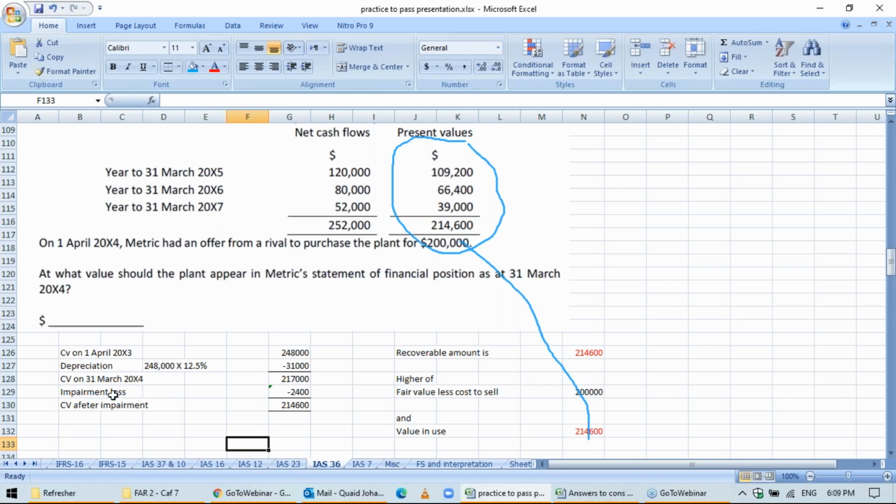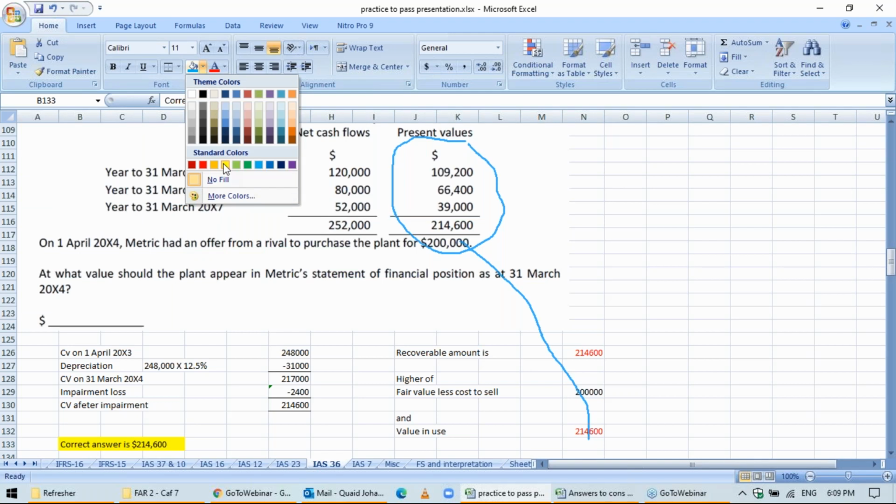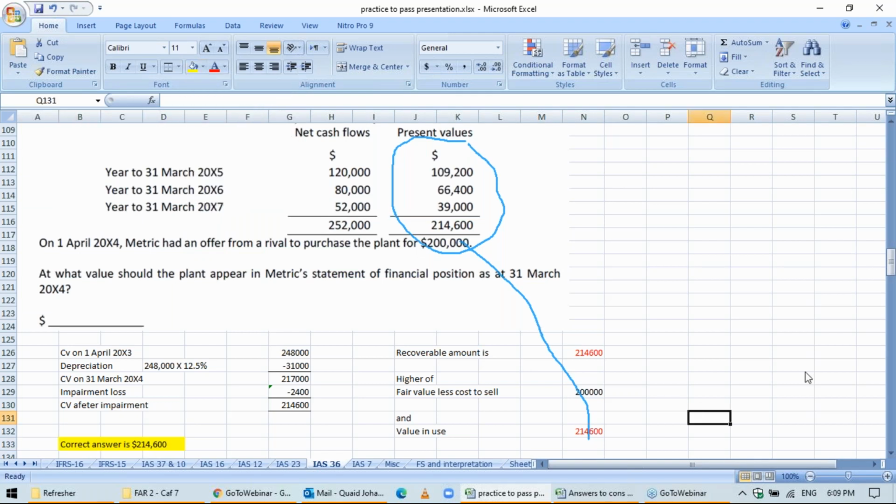So the correct answer is $214,600. This will be shown in the financial statements for the property, plant and equipment, for the plant. Okay. So that's the answer.